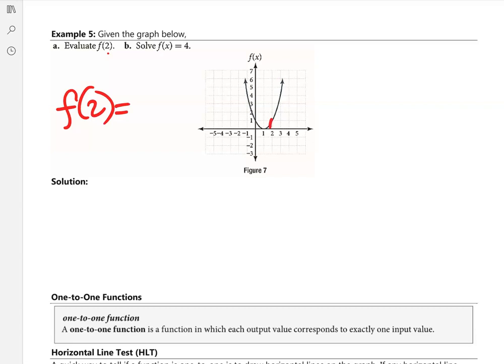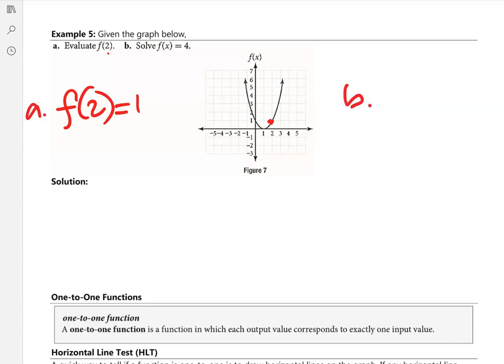The point on the graph when x is equal to 2 is this point. What is that output? What is the y value? Yes, it is equal to 1. So that is letter A.